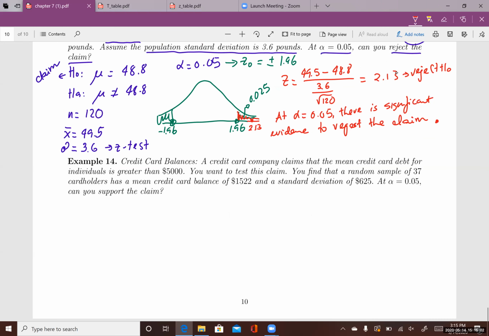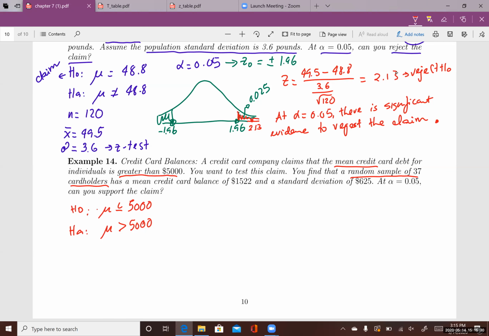All right. Next example, credit card balances. A credit card company claims that the mean credit card debt for individuals is greater than 5,000. So it's greater, which means this has to be in the alternative hypothesis, right? And the null should be less than or equal to 5,000. You want to test this claim, so you find a random sample of 37 card holders.